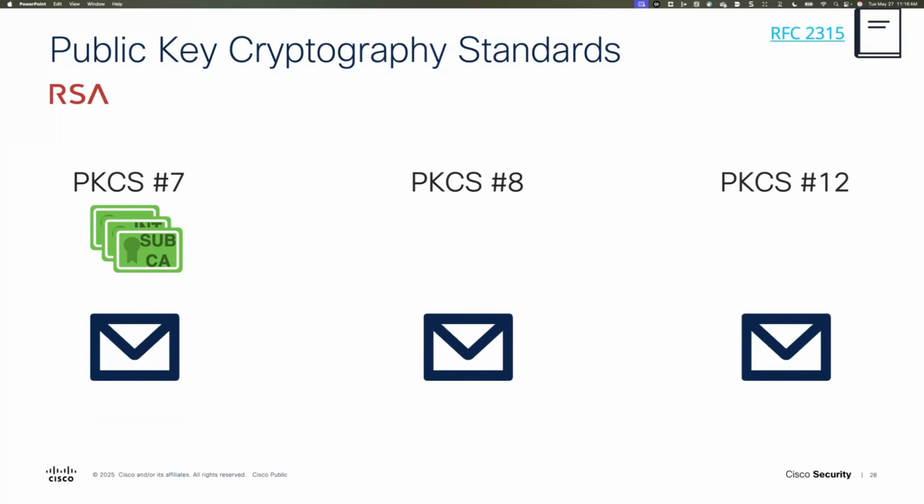And that's all packaged up, and you can put that into a single file, and you can upload that to your server. Some servers want your private key separately, so that's PKCS number 8. So a private key is encrypted or encoded and sent as a separate file to those servers.